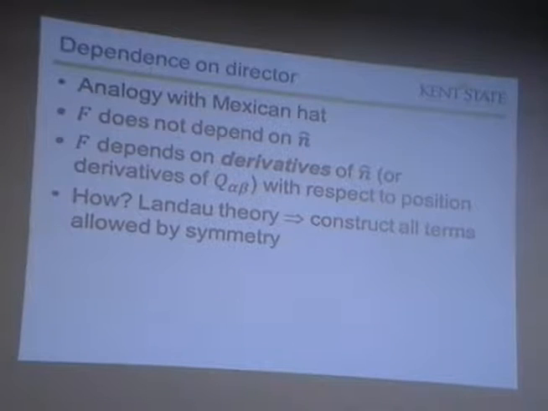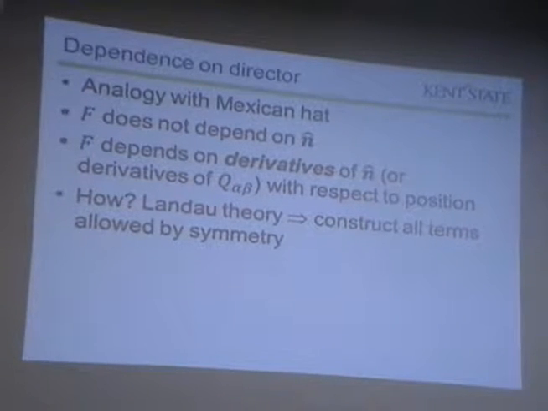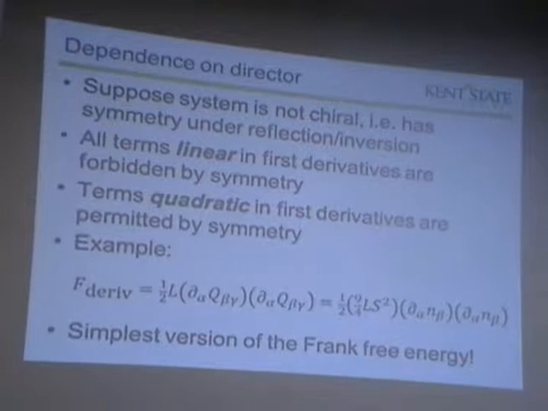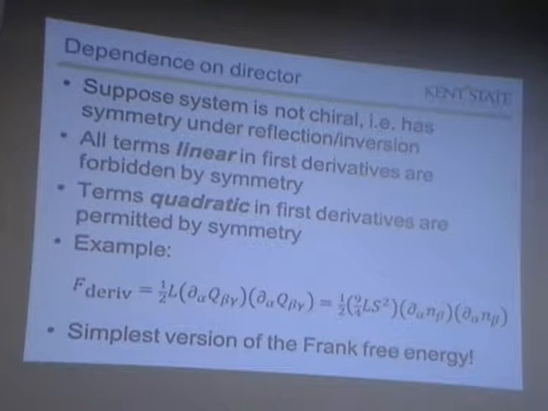So how would we include that in the theory? Well, let's continue to follow the inspiration of Landau theory by constructing terms that are allowed by symmetry. Step one in that: suppose that the system is not chiral, that it has symmetry under reflection or inversion.